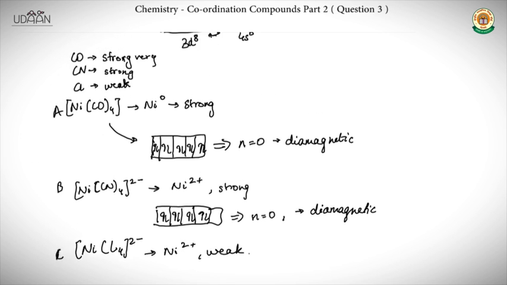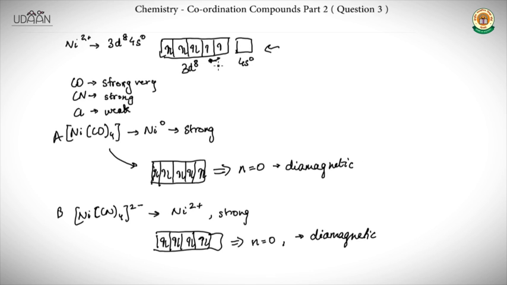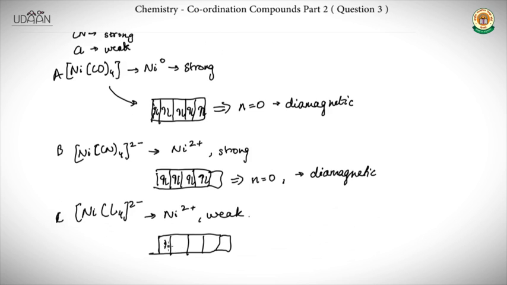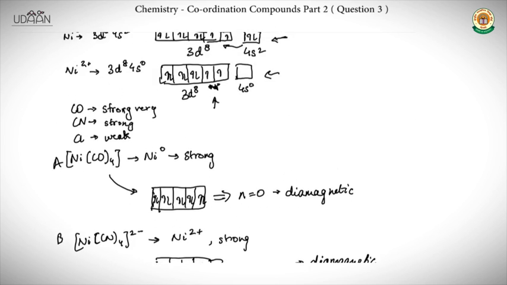So this will be the final configuration, and there will not be any pairing. So we will have the 3d8 electrons, and this has two unpaired electrons, so it is paramagnetic. So this is our final answer, that A and B are diamagnetic and C is paramagnetic.